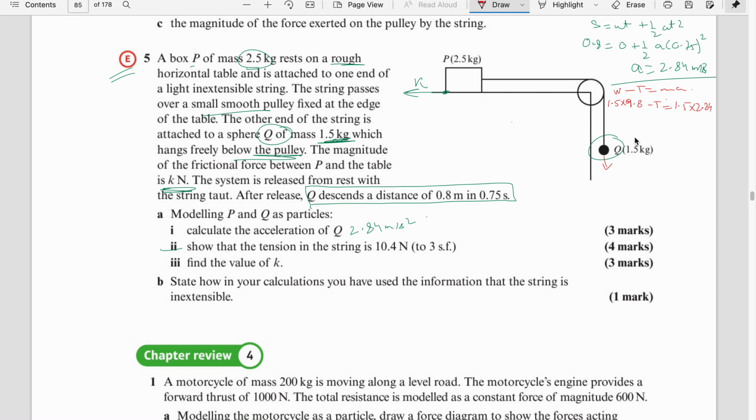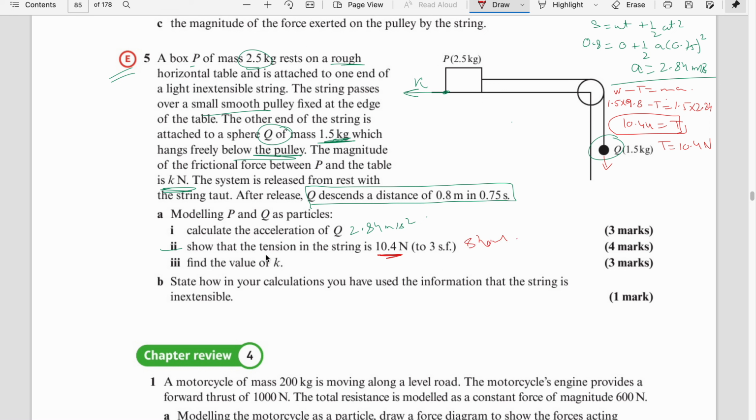So we rearrange: 1.5 times 9.8, and when we bring MA to this side it is minus 1.5 times 2.84, we get 10.44 for T. So it is approximately equal to 10.4 to 3 significant figures, 10.4 newtons.